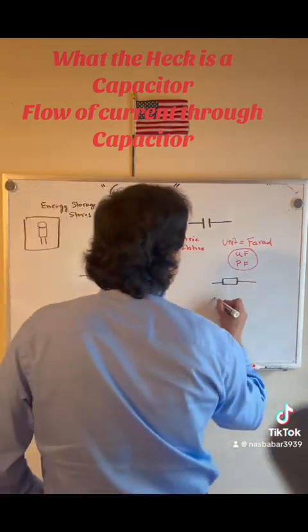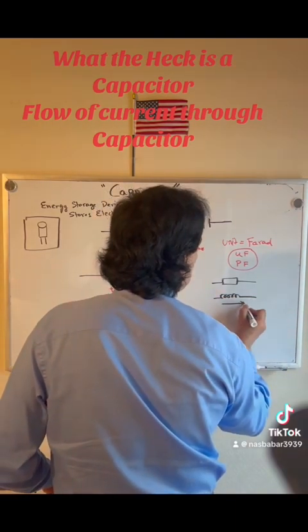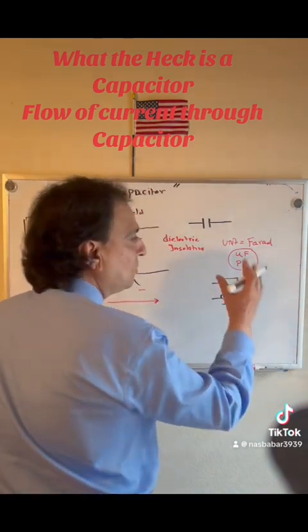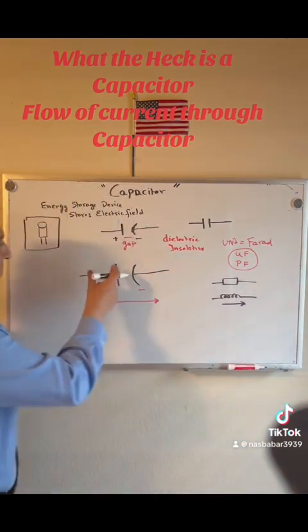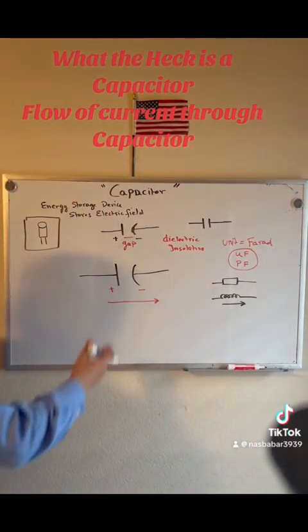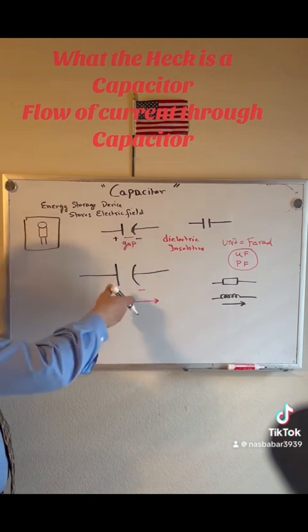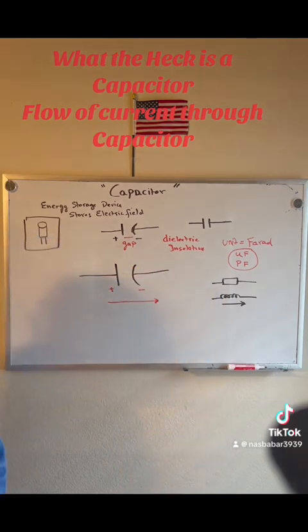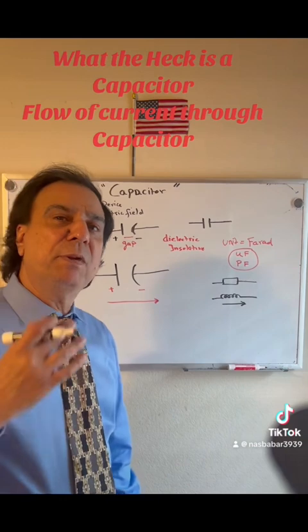Same thing in inductors: when you have a coil like this, current passes because it's a conductor and does not stop the current from flowing. But I just told you there is plastic, rubber, or some sort of insulation in between. Then how is the current passing? Well, actually, in reality, current never really passes.